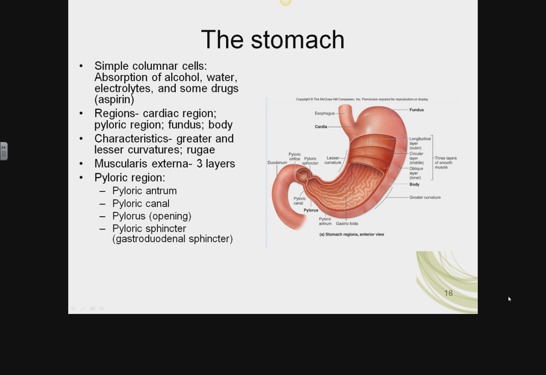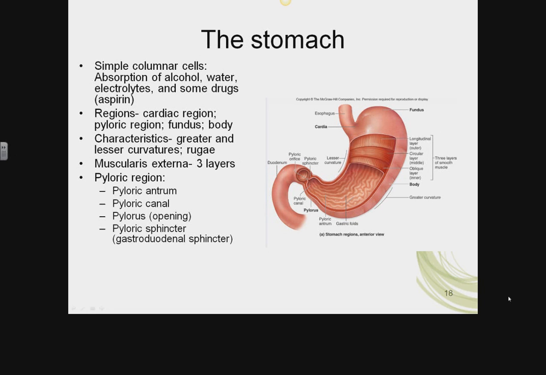The pylorus, or gatekeeper, is a narrow, medially directed funnel-shaped pouch that forms the terminal region of the stomach. The pylorus is divided into 2 parts. The pyloric antrum, the more expanded region near the body of the stomach, and the pyloric canal. This is a more narrow region that attaches to the duodenum. Its opening with the duodenum of the small intestine is called the pyloric orifice.